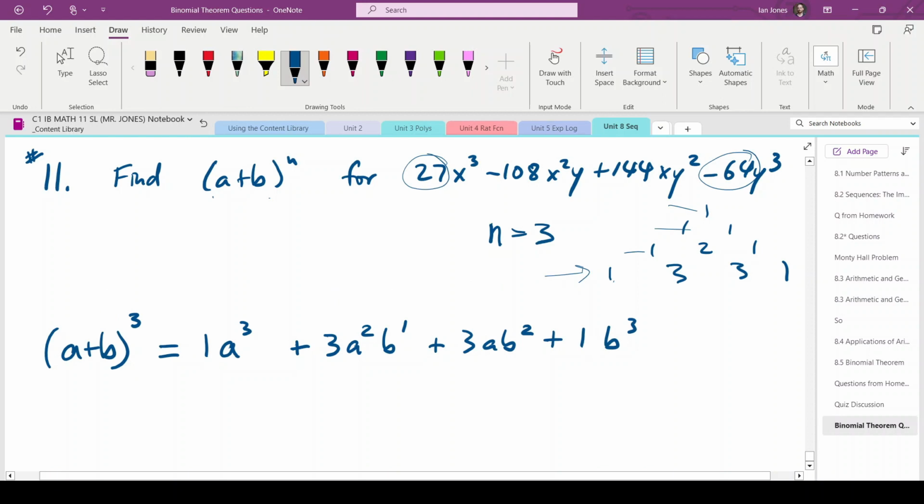And I need that to match with 27x cubed minus 108x squared y plus 144xy squared minus 64y cubed.